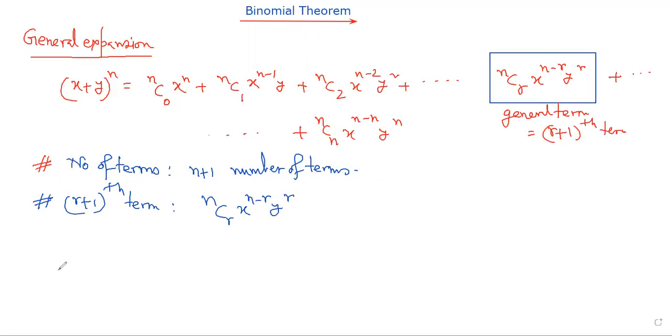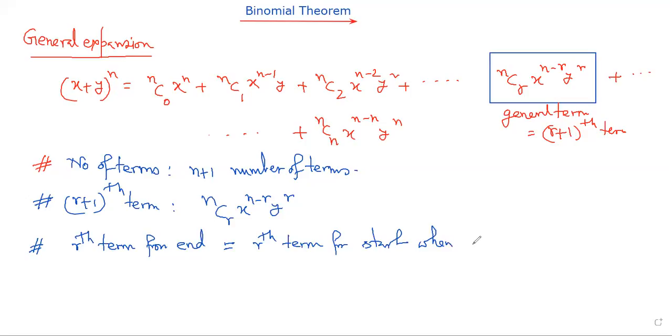Now there are some kinds of problems we can find related to the general term and the number of terms. Another thing: if I want to find the rth term from the end, it should be nothing but equal to the rth term from the start when x and y are replaced by each other.